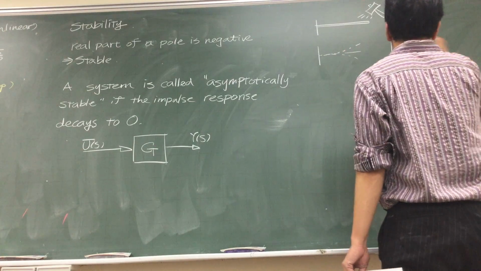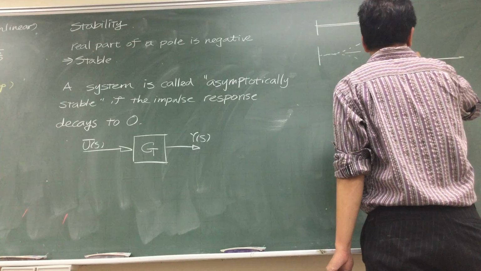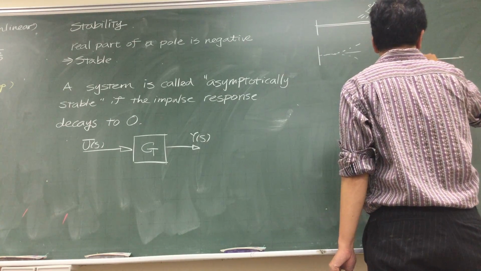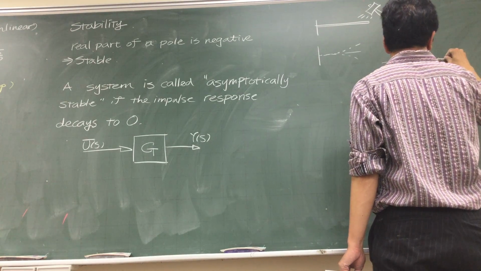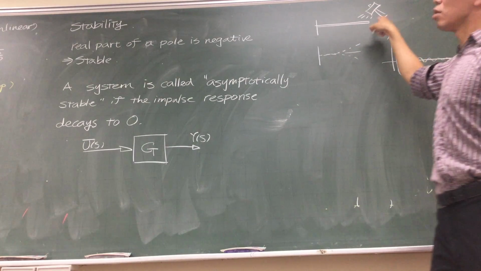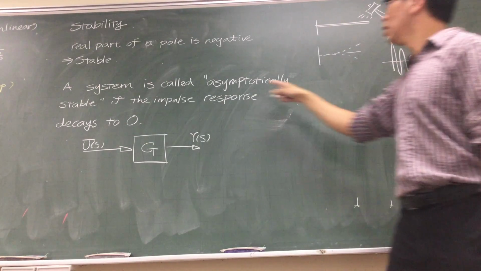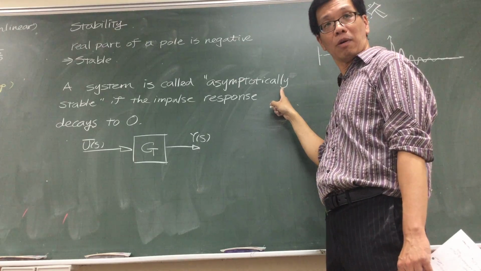And this is something you're going to expect, right? And does this one decay to 0? Impulse, this is the impulse. Does this one decay to 0? Yes. So this one is called asymptotically stable.